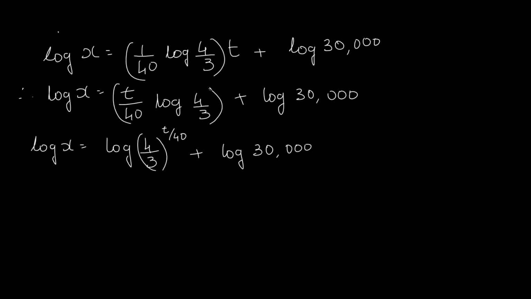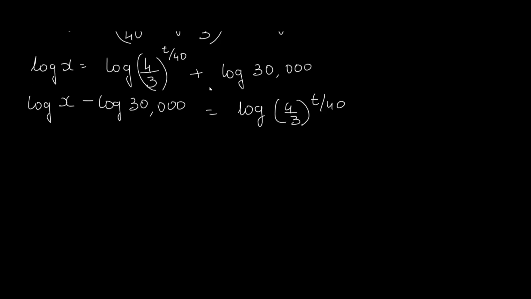Now what we can do is that we can combine both these logs together, or rather we will take this log 30,000 on the LHS now, so that we can combine the logs in a proper manner. So log x minus log 30,000 is equal to log 4 upon 3 raised to t by 40.